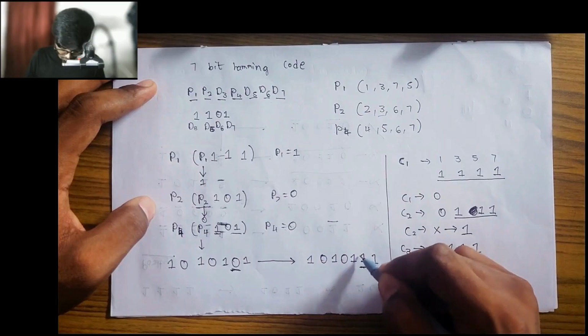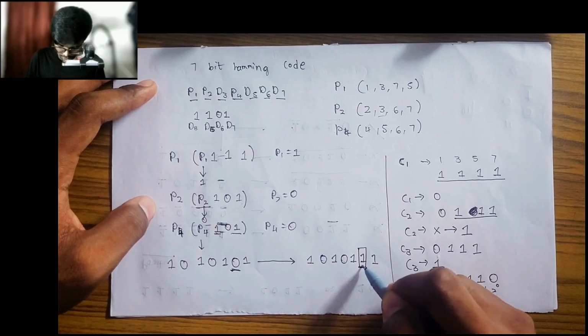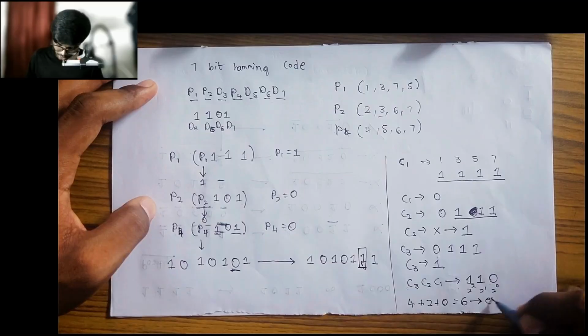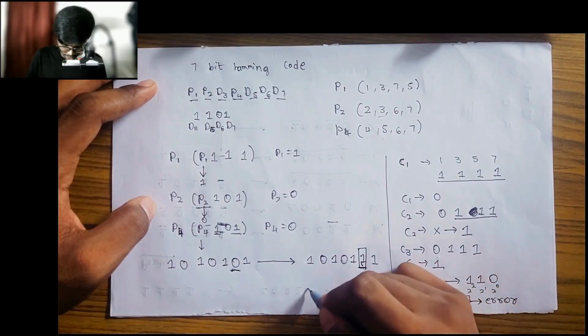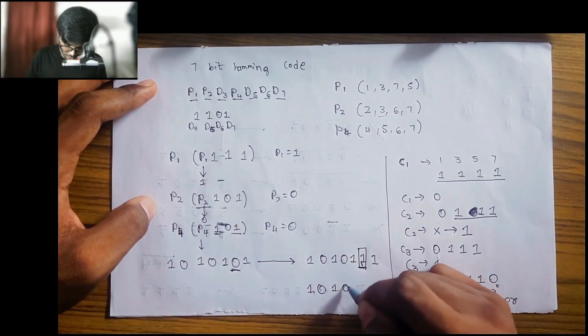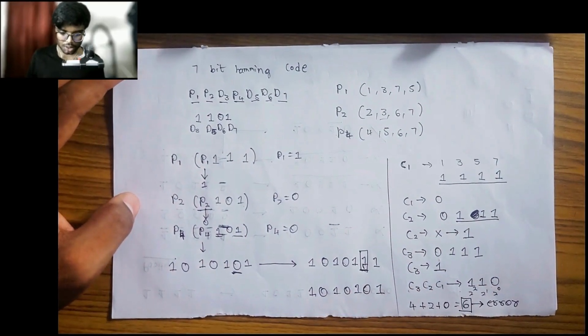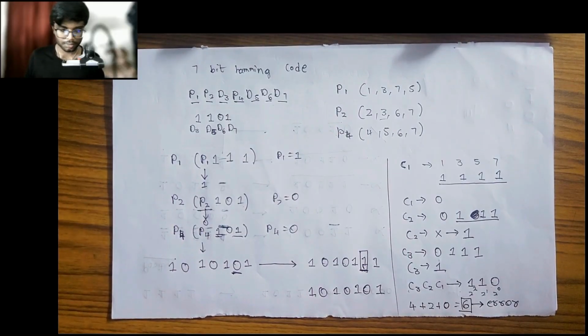It exactly tells us the position of the bit which has an error. As you can see, 1, 2, 3, 4, 5, 6: the sixth position has an error. The syndrome bits tell us the error is in the sixth position. So the receiver simply flips this bit and gets the correct code. This way the 7-bit Hamming code is used for identification and correction of errors.